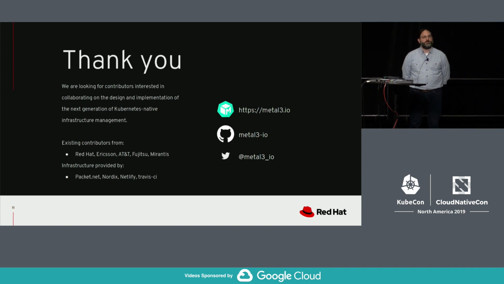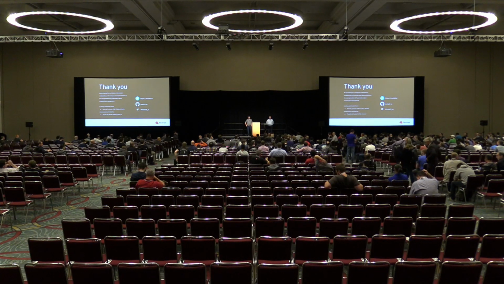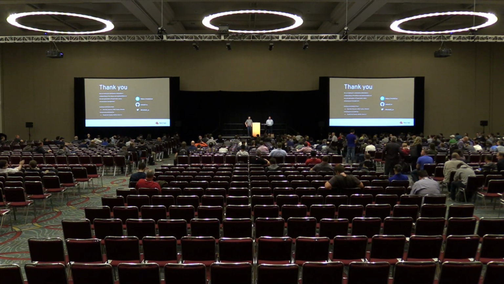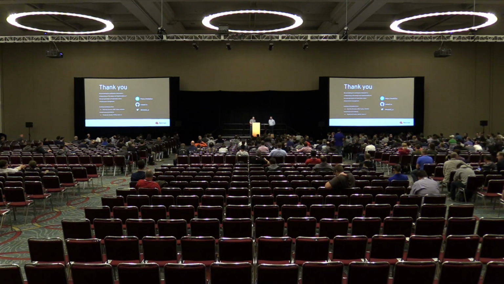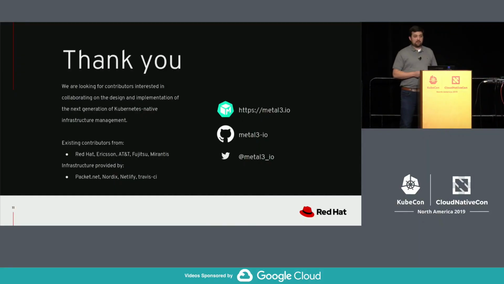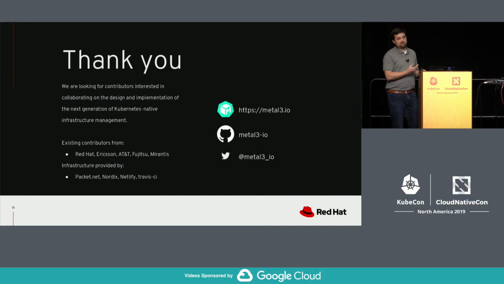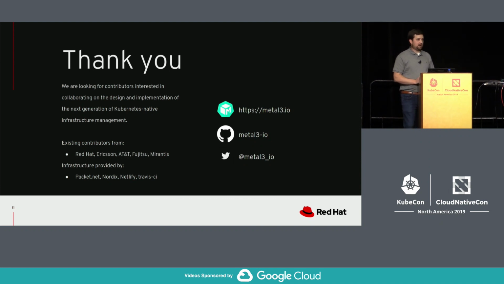Is there a cloud provider for Ironic, or did you have to write one for this? So we haven't needed to write a cloud provider yet. We've gotten by without having to write one. We've talked about it a couple of times, but it hasn't been necessary. And if we did, it wouldn't be an Ironic one.